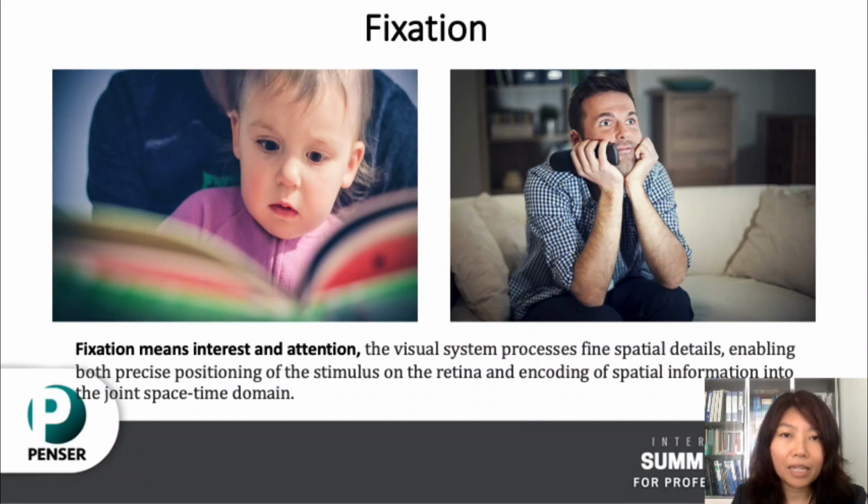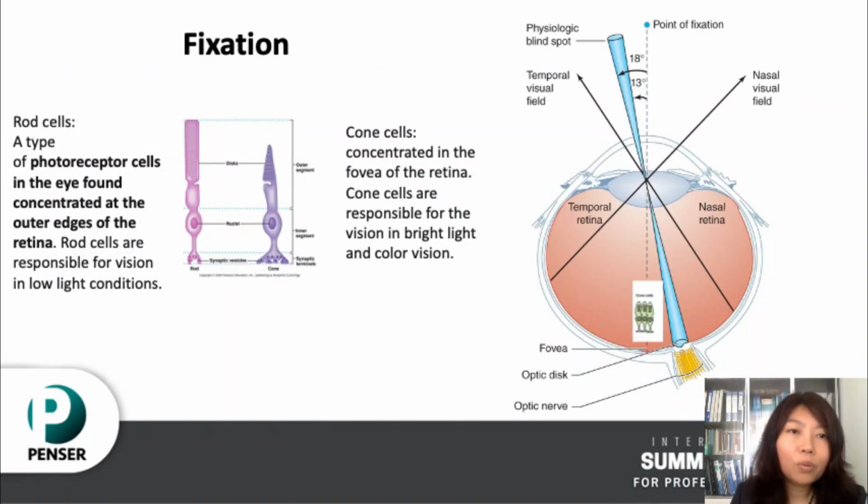You will see them look at you, or look at the blackboard, or look at the PowerPoint. So why do we have to fixate? And instead, why could we not use other ways to get the visual information? That is because of the physiological structures.